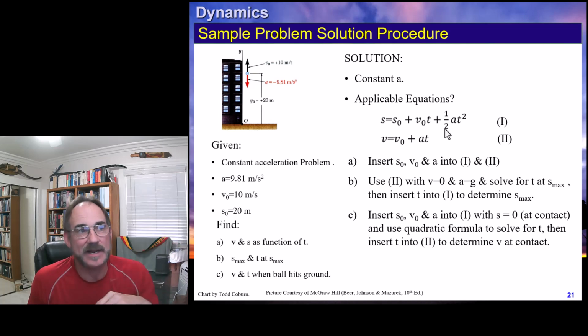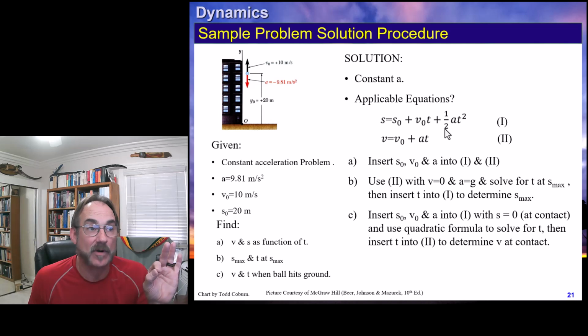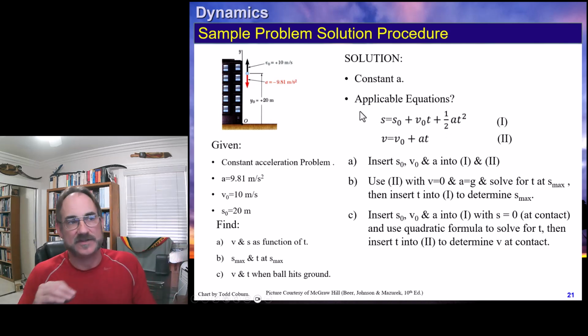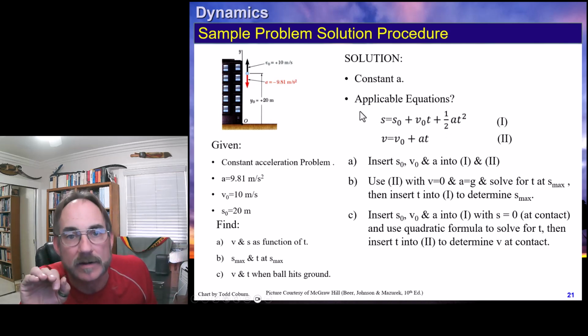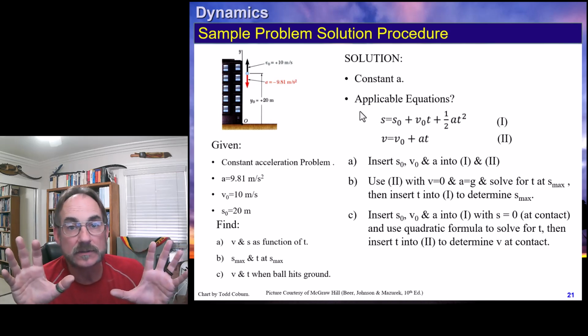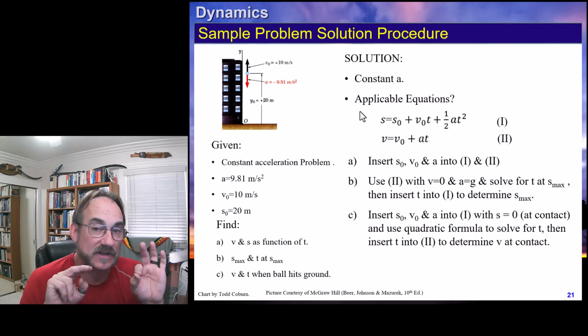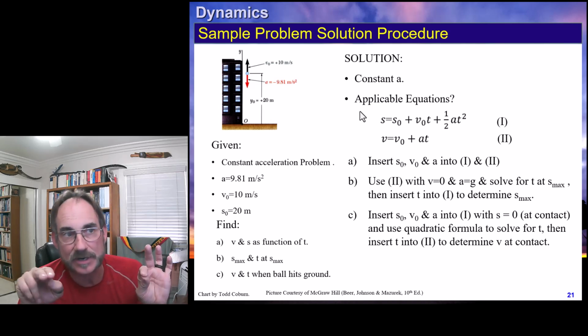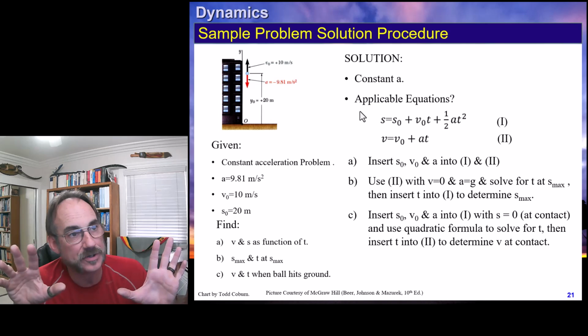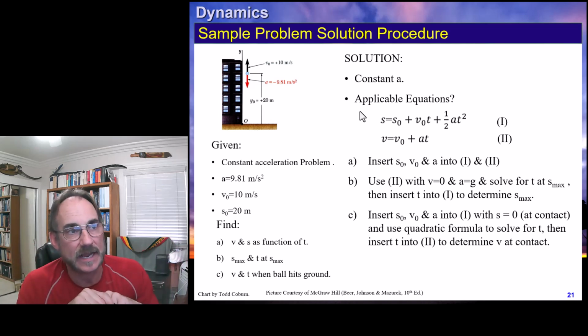Or you can just say, wait a minute, I know this is constant acceleration. I'll just grab the thing that's already been integrated for me. So s equals s0 plus v0 t plus 1/2 a t squared. That's always true for constant acceleration. And velocity equals velocity initial plus acceleration times time. That's always true if we have constant acceleration, okay?